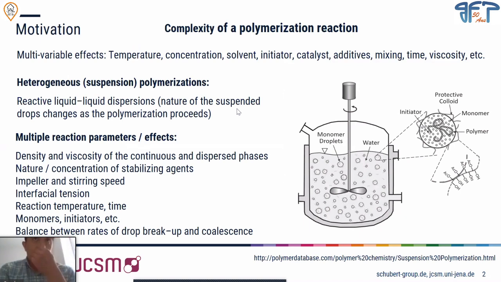When you think about a polymerization reactor, it can be a very complex system. I chose this example, suspension polymerization. I like these kinds of reactions very much because they are very challenging. You have all sorts of effects and phenomena going on there.